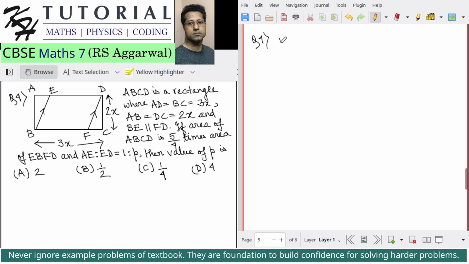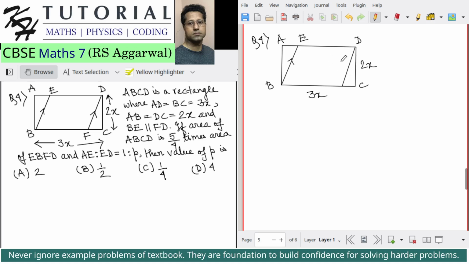So let's quickly draw the diagram. We have the rectangle ABCD, where the length is 3x and the breadth is 2x. And we have the lines BE and DF parallel to each other.